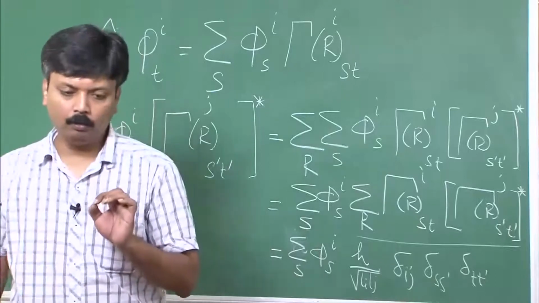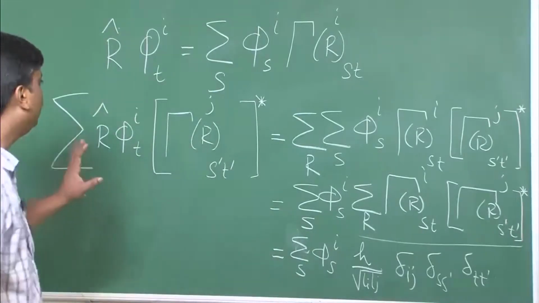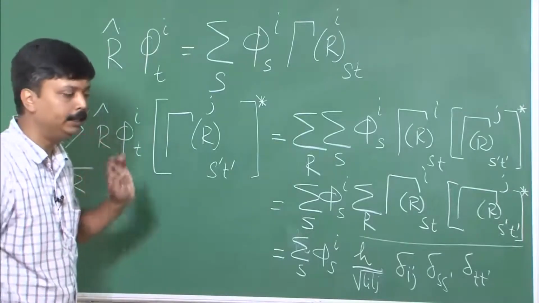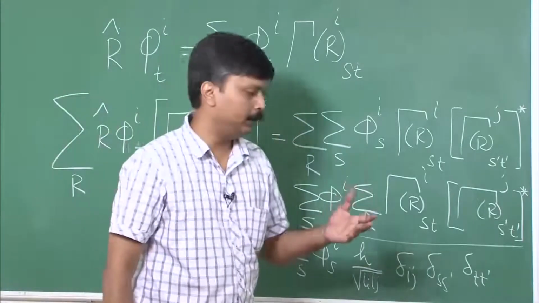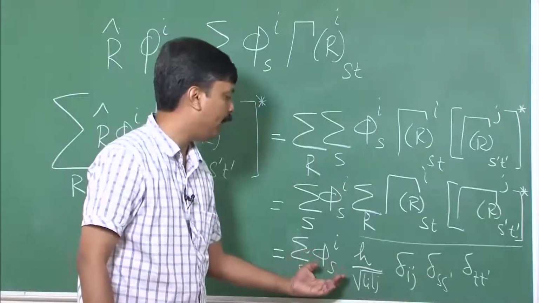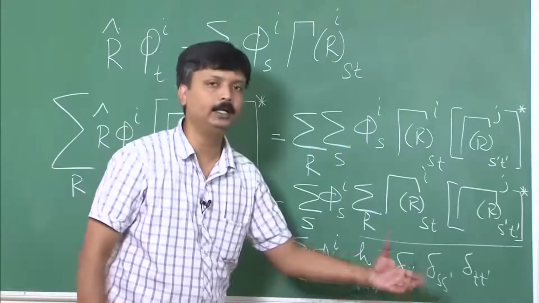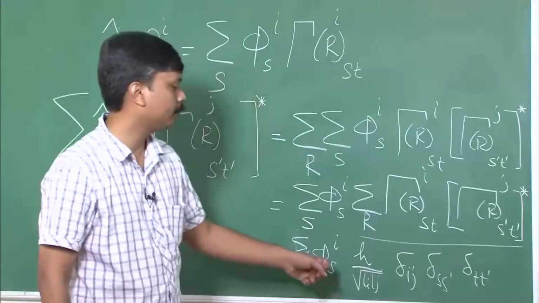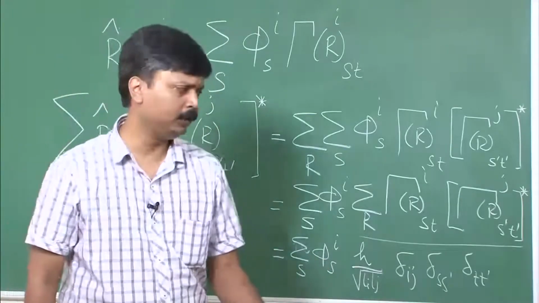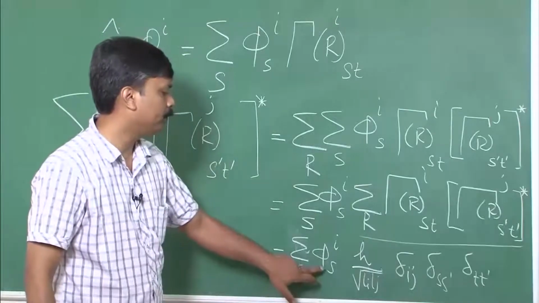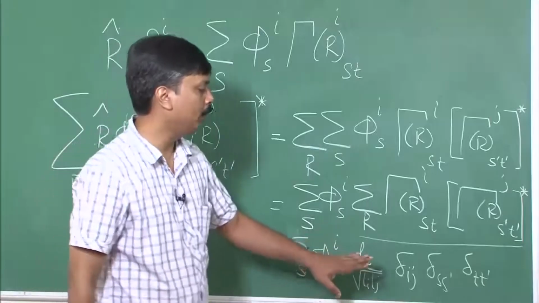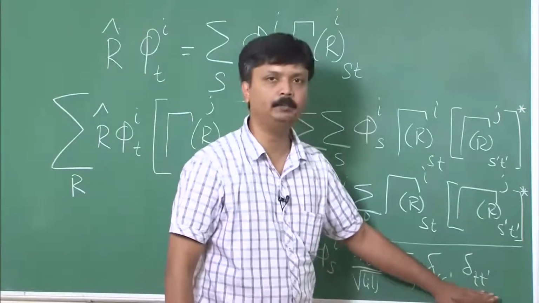So if I operate this operator on this particular function phi t for the ith irreducible representation, then I will have this right hand side having non-zero value only when s is equal to s prime. So I will get phi s prime here with two more delta functions, delta ij and delta t t prime.